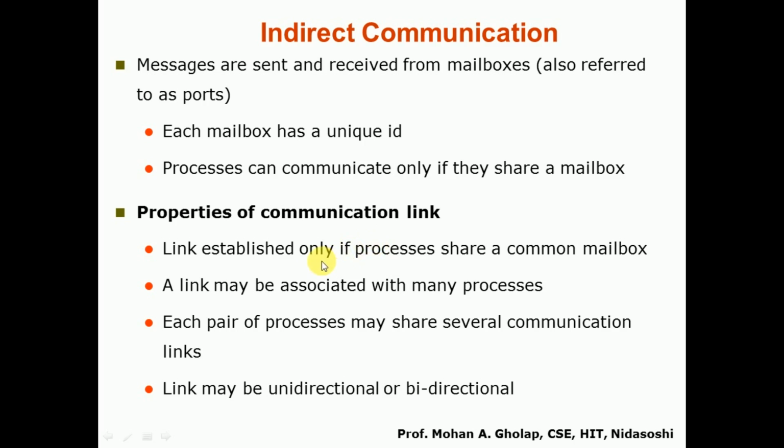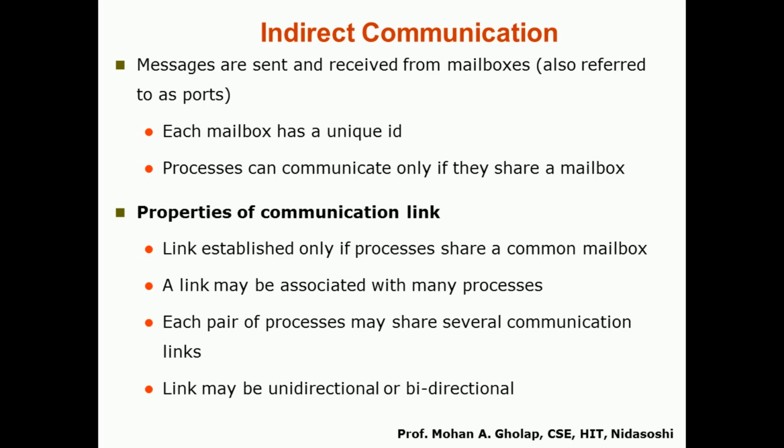Okay. So let us see what the properties of the communication link are in case of indirect communication. The link is established only if the processes share a common mailbox. Very important, because if there is no common mailbox between the processes, the communication cannot take place. It is not at all required to create a new link.